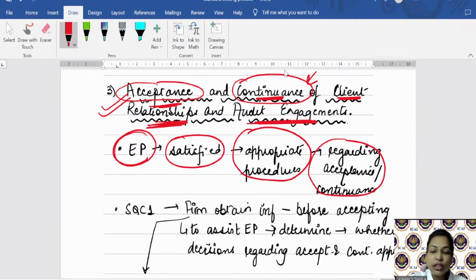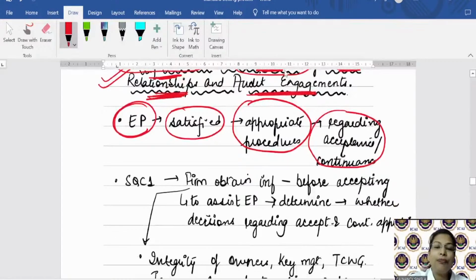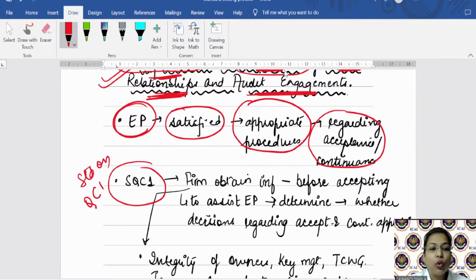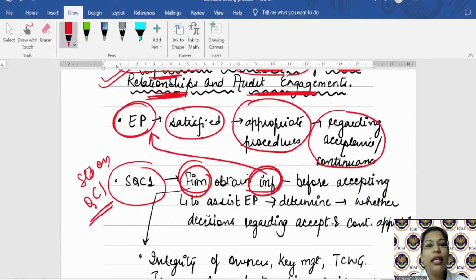ऐसा किसके लिए बोला गया? Engagement partner के लिए। उसके लिए, as per Standard on Quality Control 1, the audit firm needs to obtain certain information. जो information कौन use करेगा? Engagement partner. ठीक है। और ये information कब obtain करनी है?